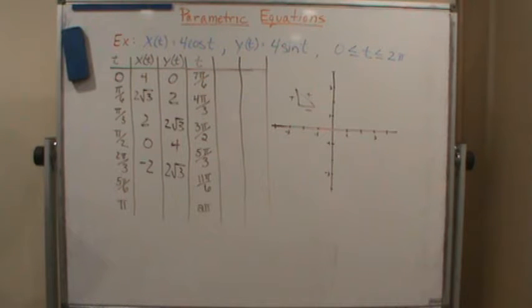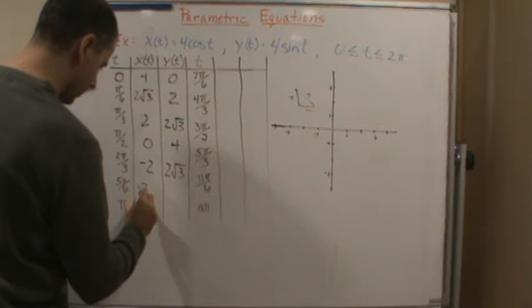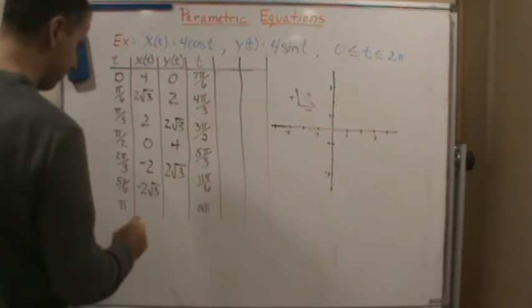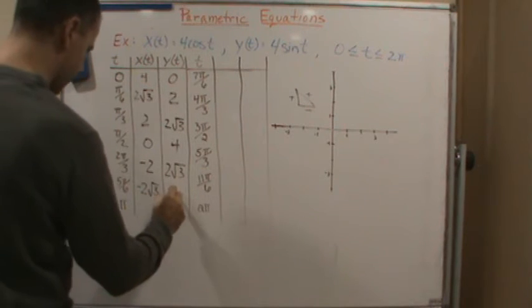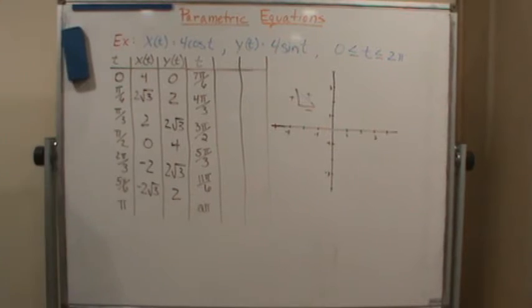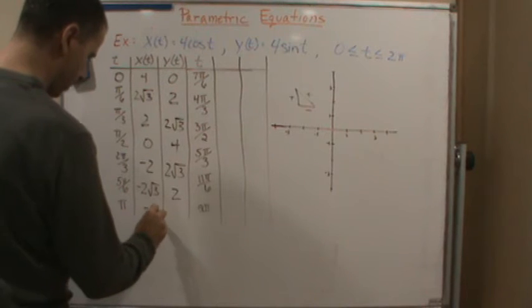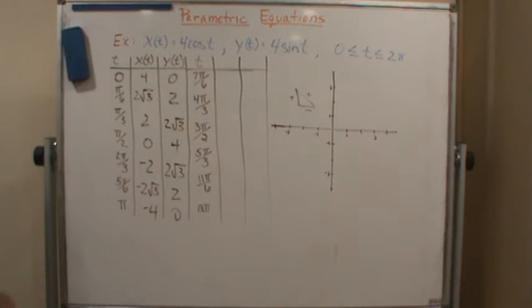Okay, 5 pi over 6 is going to give us -2 times the square root of 3, and this is going to give us 2. And then we get -4, 0 for pi, right? So -4 and 0 for pi.